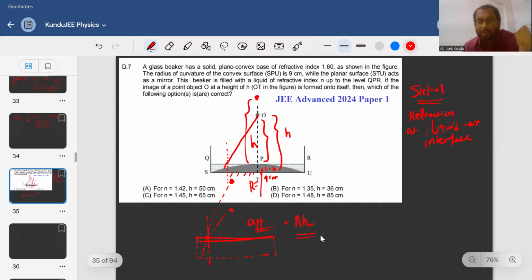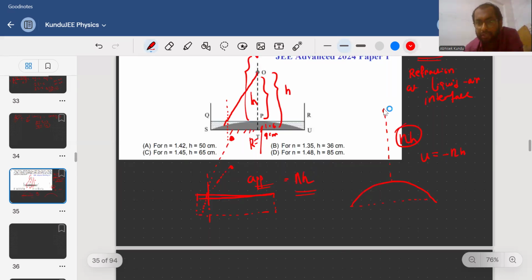Now, this will act as an object for the refraction at the curved surface. So what will the refraction at the curved surface look like? Now this lens will see the object placed at a distance n into h. So u for the curved surface will basically be minus n into h.